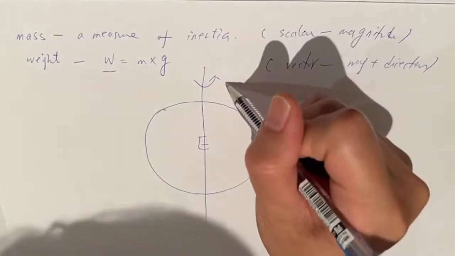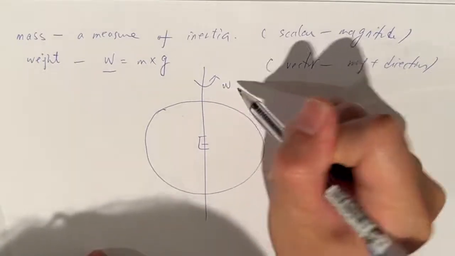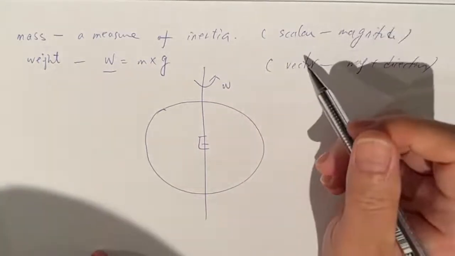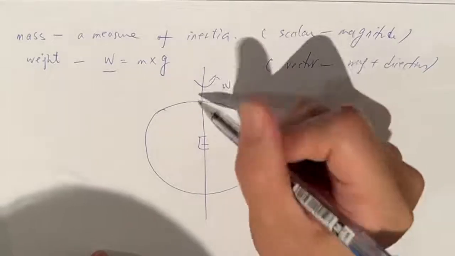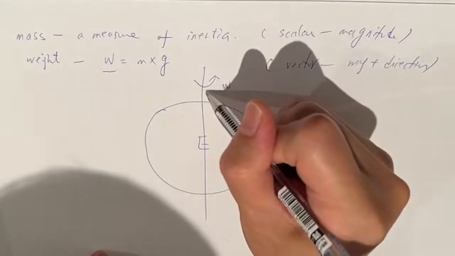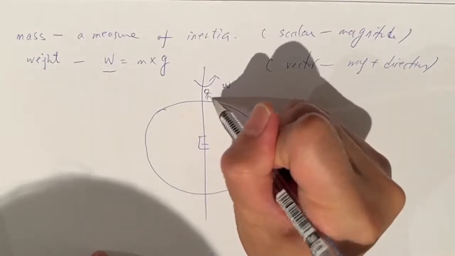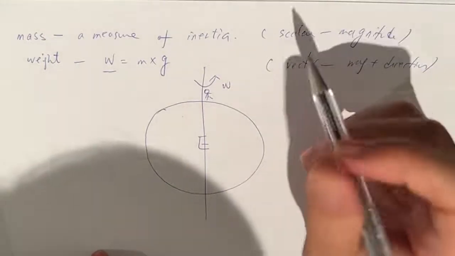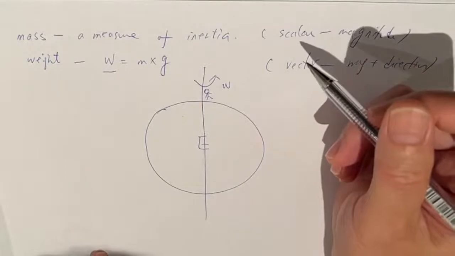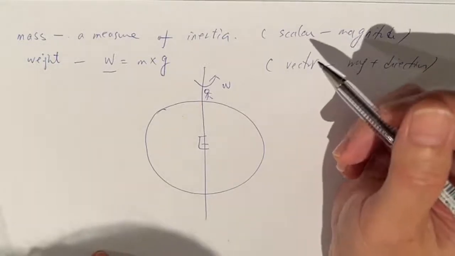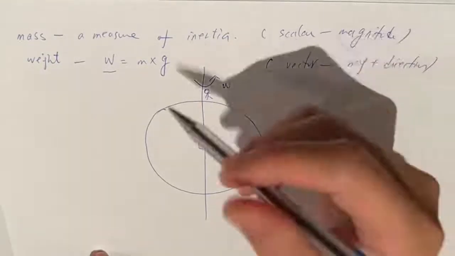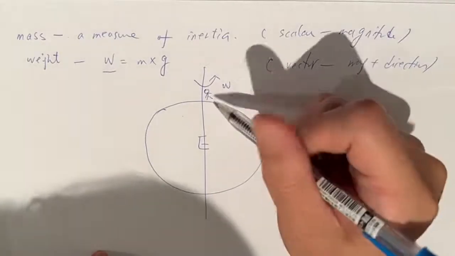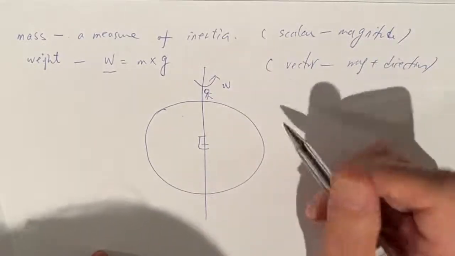We call this the angular velocity, omega, right? Now, suppose there is a person situated here at the North Pole. Normally in the classroom, we tell students how to find out the weight of this person at the North Pole. Very simple.